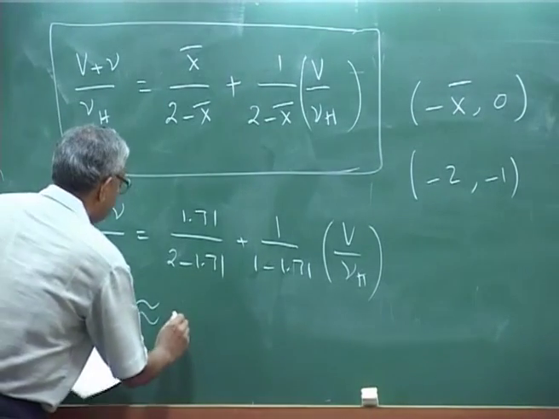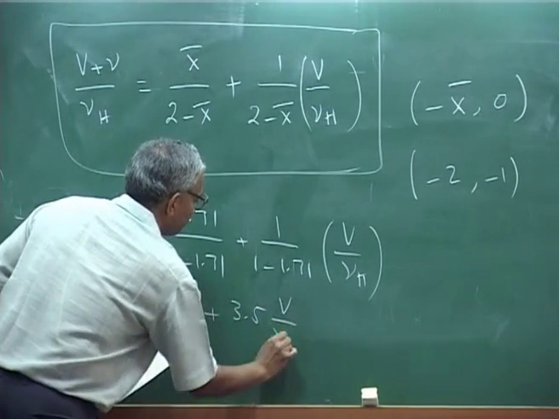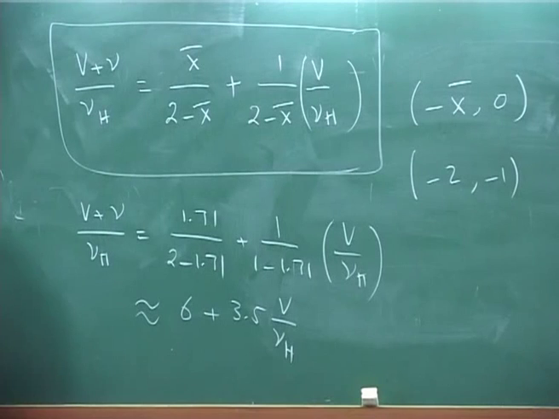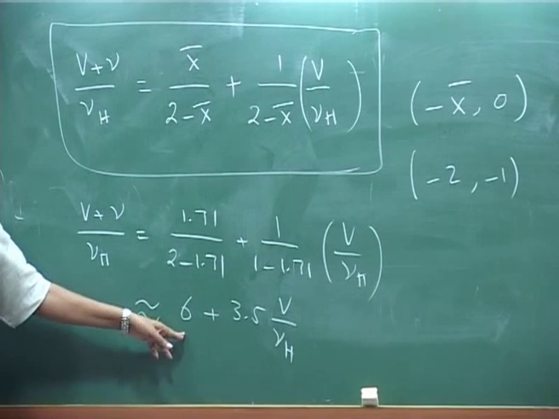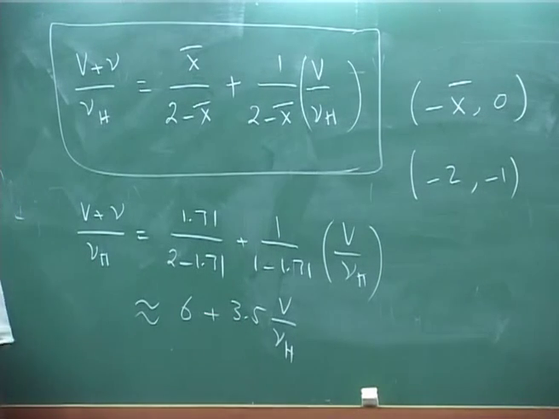This is written as 6 plus, that is all. You will find that this is not exactly 6, this is about 5.88 or something like that, this will be 3.4 some number. So, you take it approximately, this is my line.